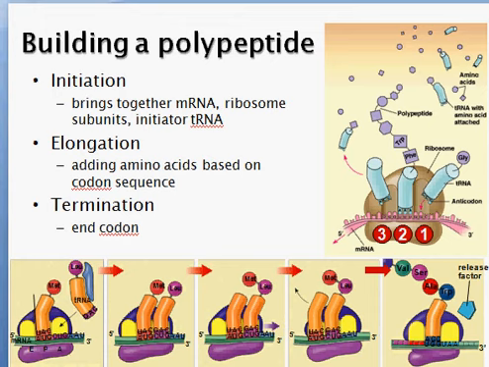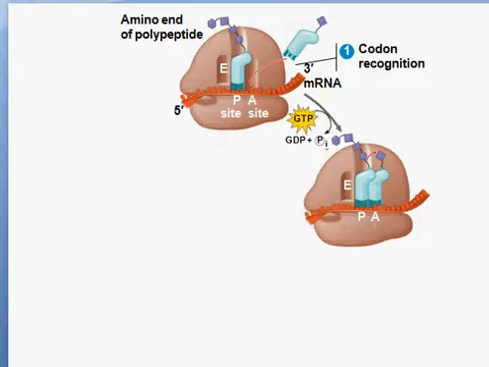Elongation is the time when we're adding amino acids based on the codon sequence, and then the termination is brought about by one of those end codons. So this is just going to show you initiation here.